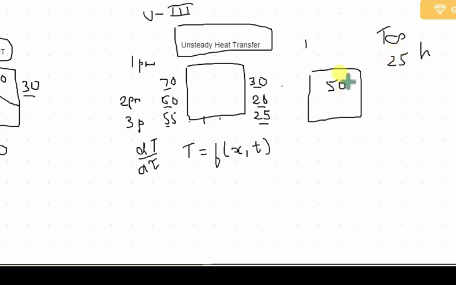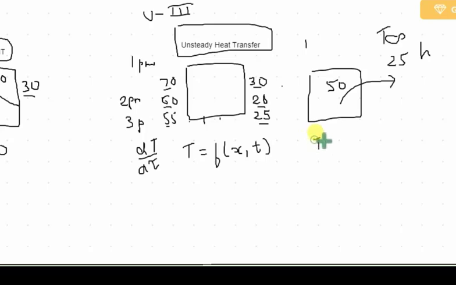So what will happen? The heat will flow from the body into the atmosphere, right? The heat is moving in this direction from the body to the surrounding. Whenever heat is lost from the body, what can you say?